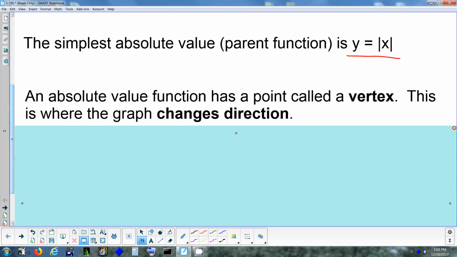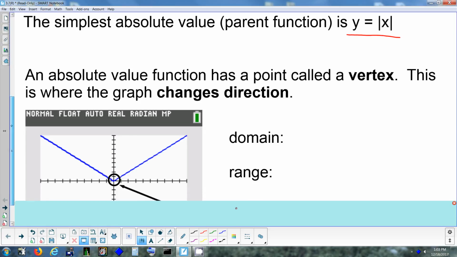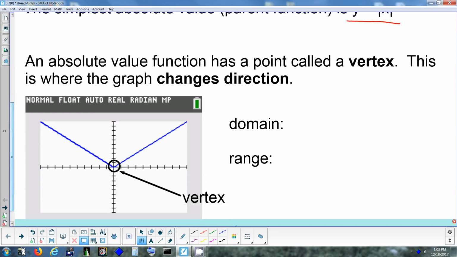Now, when we draw an absolute value, we've got a couple things we never had before. First of all, the graph looks like a V shape. How narrow or how wide the V is depends on the problem. The bottom of that V, right where the arrow is pointing, is called the vertex.